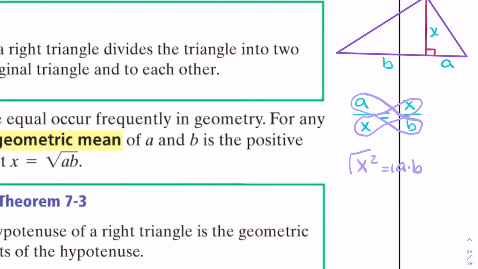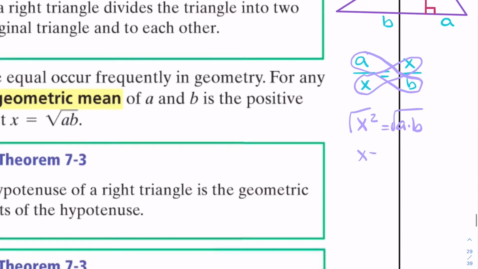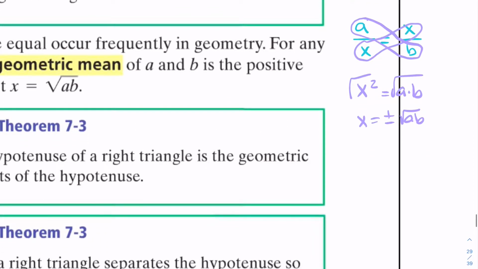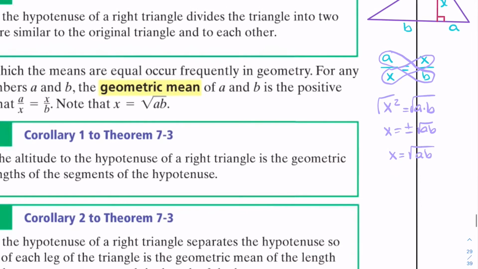If I find the square root of both sides, I get x is equal to plus or minus the square root of ab, remember there's two solutions. Now we can't have negative values here, so in this case x just has to equal the square root of ab. We have to go with a positive result. And that's what this is saying, that x is equal to the square root of ab.